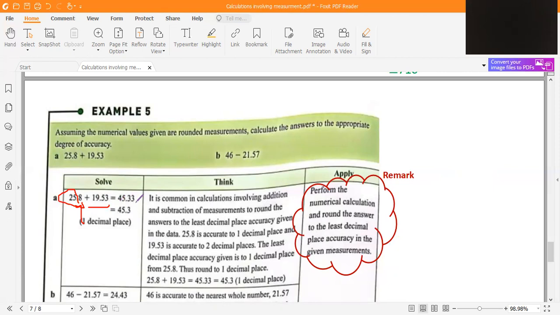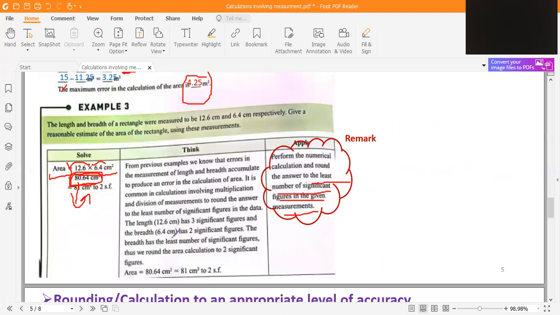So we calculate the result 45.33. We take the first decimal place 3, and we compare the second one on the right. 3 is smaller than 5, so we add nothing to the first decimal place, and we replace all the digits on the right by 0. We obtain 45.3 rounded to one decimal place.